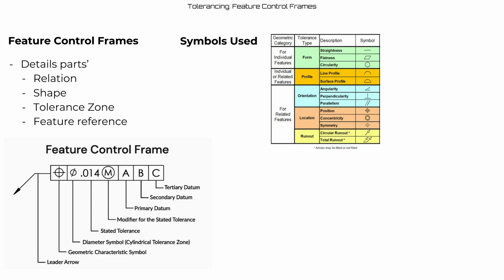So this is just an extra modifier depending on the material. And then sometimes you will see the diameter symbol here. Basically, that's just to say this is a dimension for a hole or a slot or whatnot. And then you have your datums, which we'll go over later. The last part is for your references, which are datums that we're going to go over really quickly.